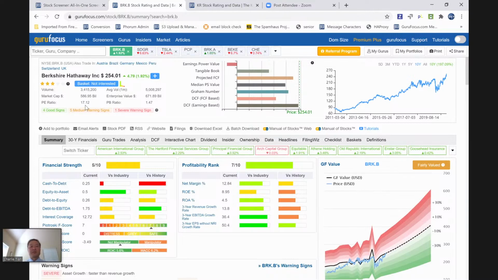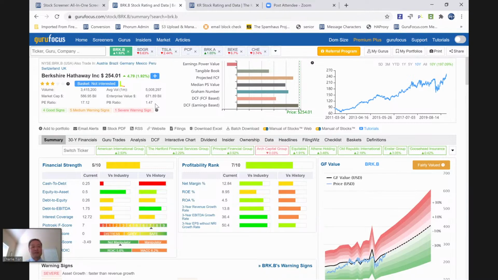Now the market P/E ratio, we all know that it's quite high. And the PB ratio, price to book ratio, is only 1.45. We know that Warren Buffett several years ago said that when the price to book ratio of Berkshire Hathaway is below 1.2, he would do buybacks. But then he lifted this PB ratio because Berkshire now has more real operations than before.